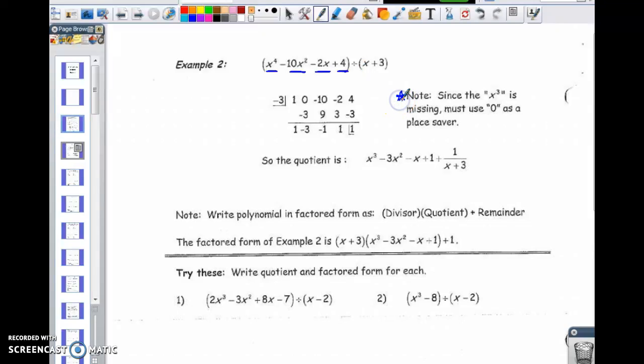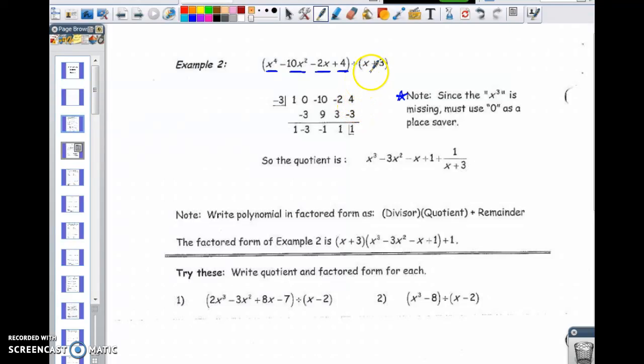Note, since the x cubed is missing, we must use a 0 as a place saver. We always need that place saver if we're missing a term. So I have a 1x to the 4th, 0x cubed, negative 10x squared, negative 2x, and then plus 2.